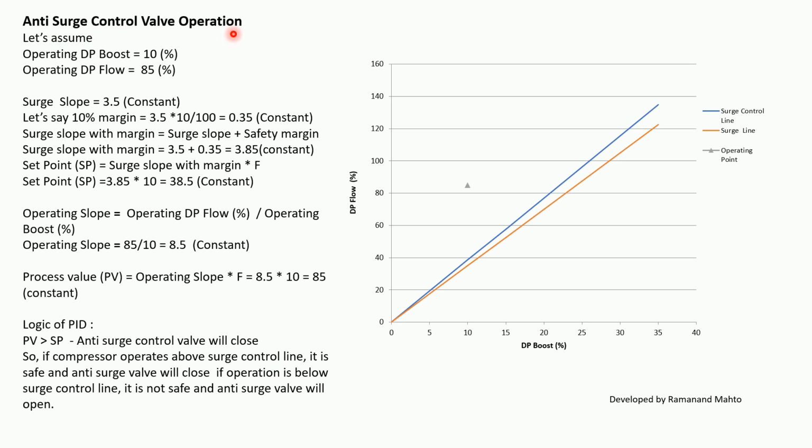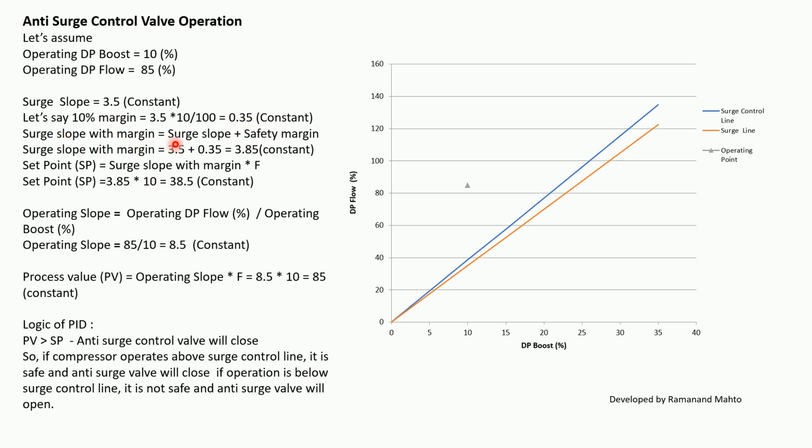Anti-surge control valve operation. Let us assume operating DP boost is 10%, operating DP flow is 85%, surge slope is 3.5, which is constant. Let's say 10% margin, so 3.5 into 10 upon 100, which is 0.35.